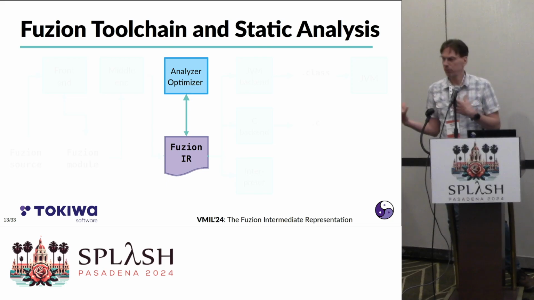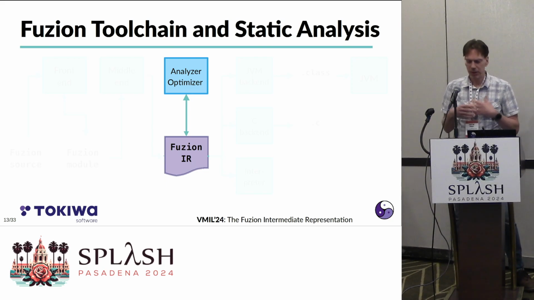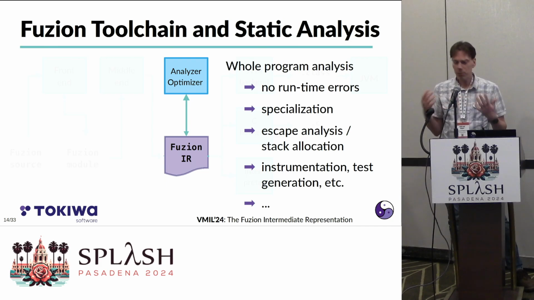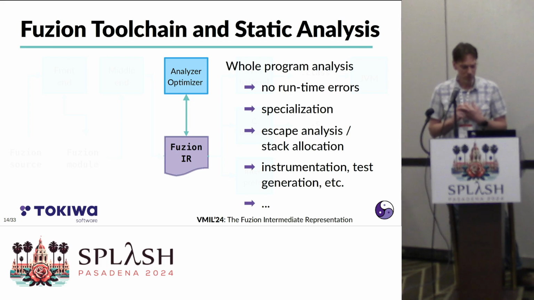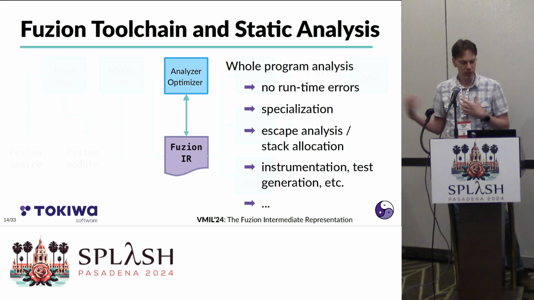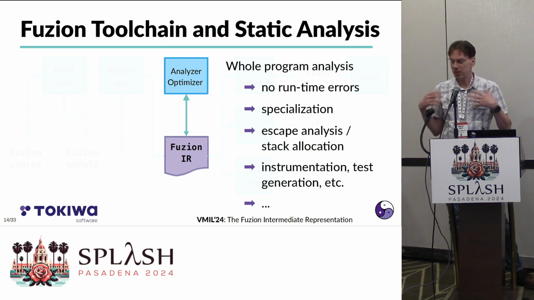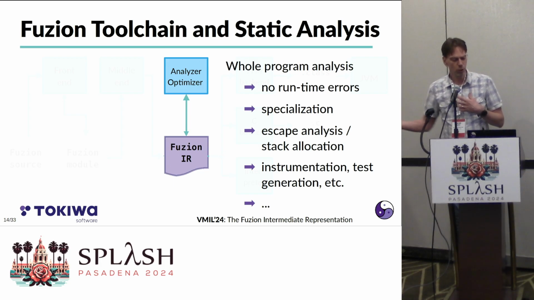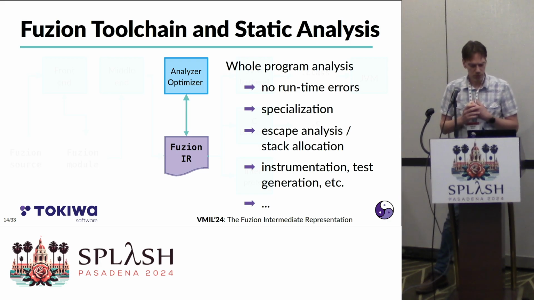Now, on top of the Fuzion Intermediate Representation, we can run different analyzers, optimizers, and the purpose of these is to verify the correctness of the application, so to verify the absence of certain runtime errors, to maybe specialize the code for better performance, do things like escape analysis, so that we can know where to place allocations, that we can have allocations statically on the stack, or automatic freeing of allocations, or as a fallback if everything else fails, to fall back to the garbage collector.